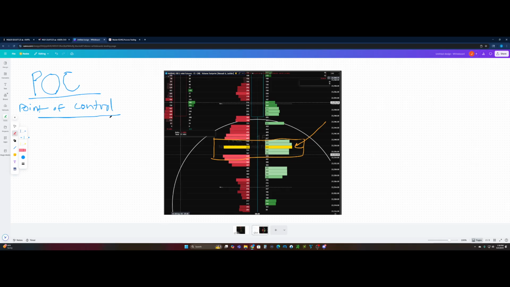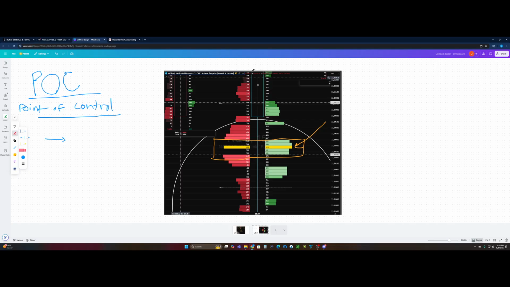Now, if you don't know what this is, a quick definition of a point of control is the highest amount of volume traded within that set of data, right? With volume profile, you're either using a specific day or whatever. I'll show you a day POC, and that basically takes in the whole day, all the volume traded, and it's going to give you a certain level which has the most volume traded for that specific amount of time that you were analyzing.